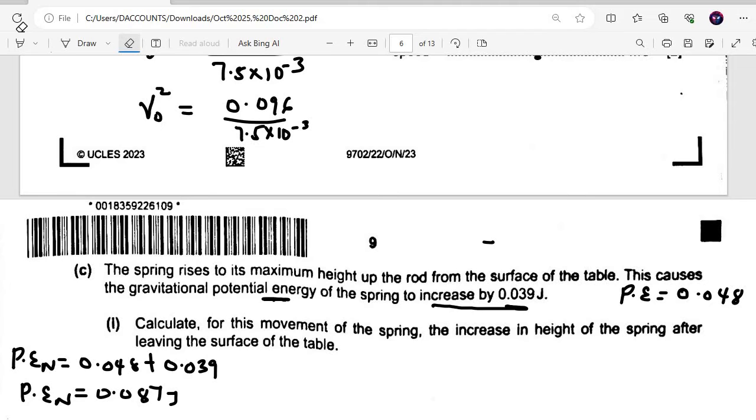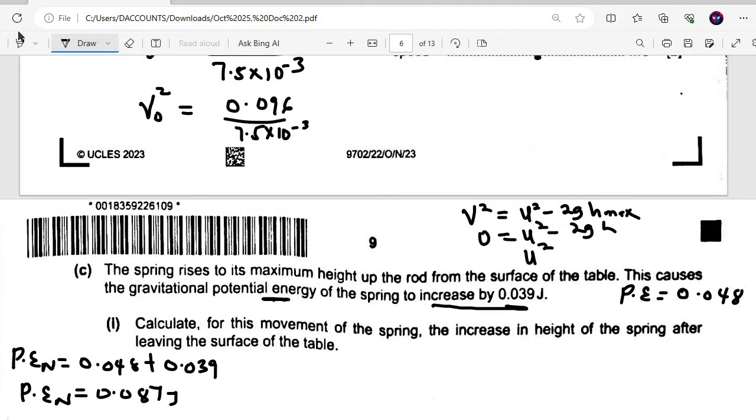The spring rises to maximum height. Okay, it's making sense now. At maximum height, v is 0, so v squared equals u squared minus 2gh becomes 0 equals u squared minus 2gh.